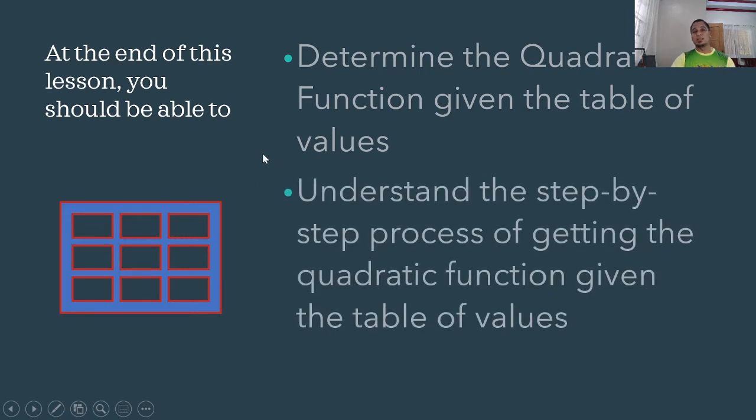And number 2 natin, dito po sa ating aim, sa goal natin, after this lesson, I'm hoping that you can understand the step-by-step process of getting the quadratic function given the table of values. The reason why I included this second goal, kasi nga hindi siya ganun kasimple kagaya ng una. Medyo mahaba yung process na gagawin po natin.